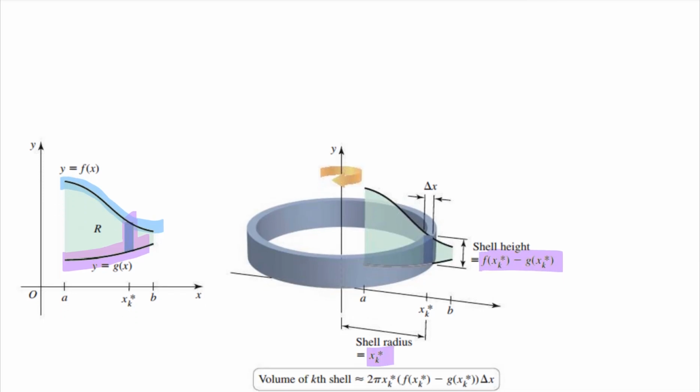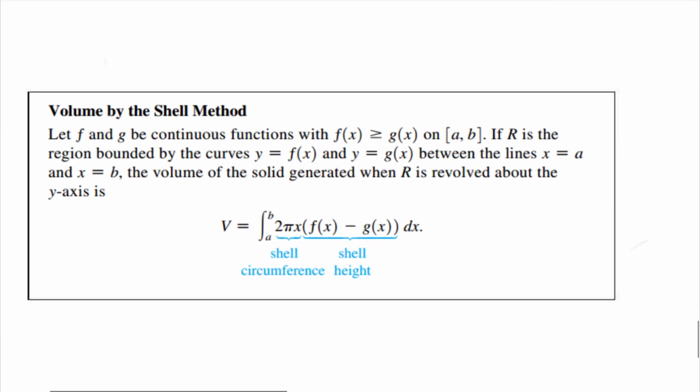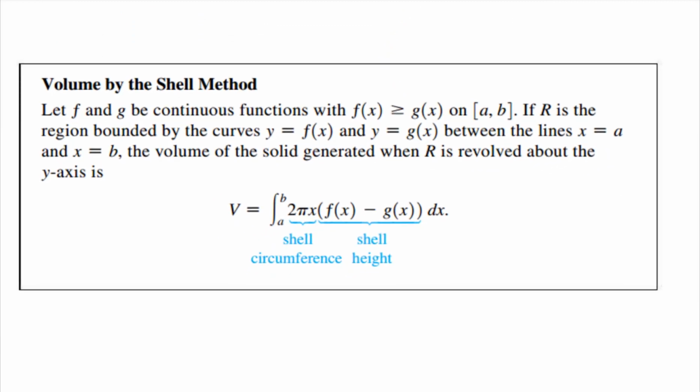But the radius will still be x. The circumference will still be 2 pi x. And then we're going to multiply by the difference between f and g. Here's our generalized piece.